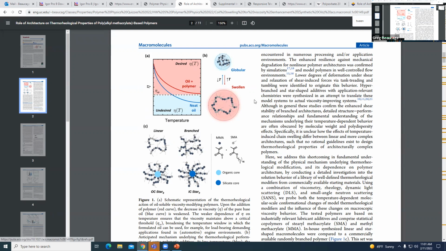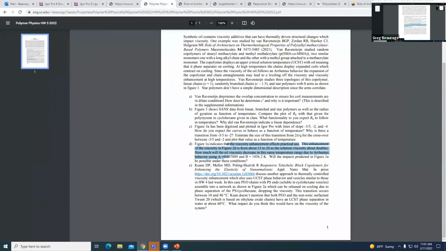Is it like 10? Then the 2 doesn't matter. Or is it like 0.1? I gave you some numbers for the Arrhenius. You can calculate what the oil would have done just on its own, and then what it would do with the polymer, since he says what it does with the polymer.